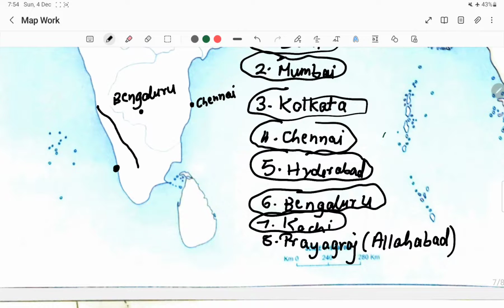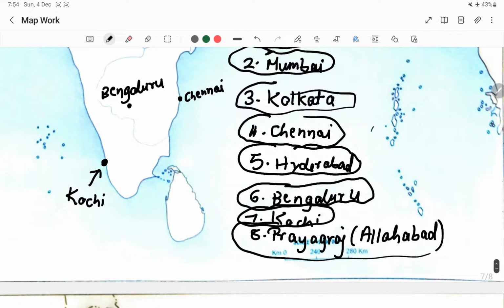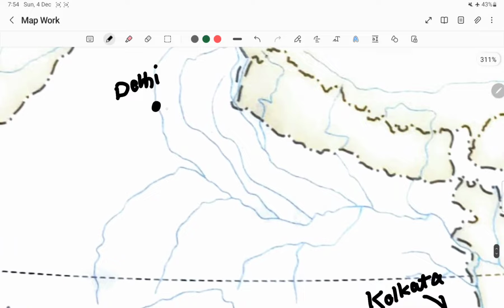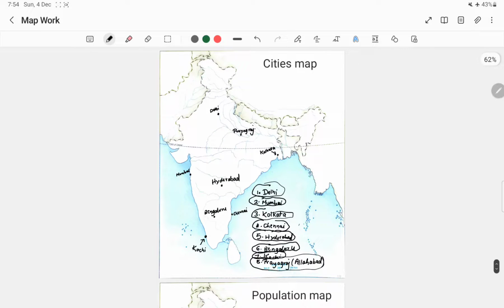As you know, this is somewhat like Kerala, so just in the middle of Kerala you will find Kochi. And the last one and the easiest one, that is Prayagraj. So it will be on the confluence of these two rivers, somewhat over here. So this will be Allahabad or simply Prayagraj. So here ends our important cities map.